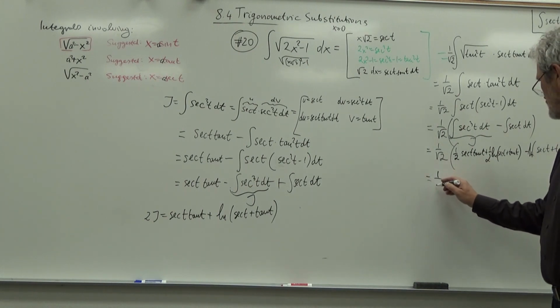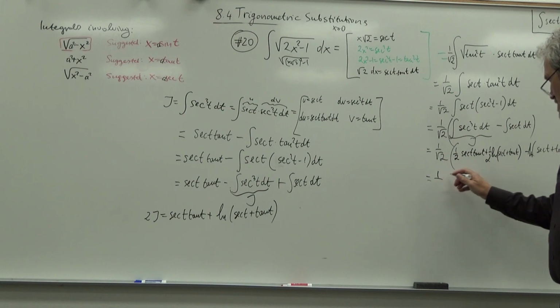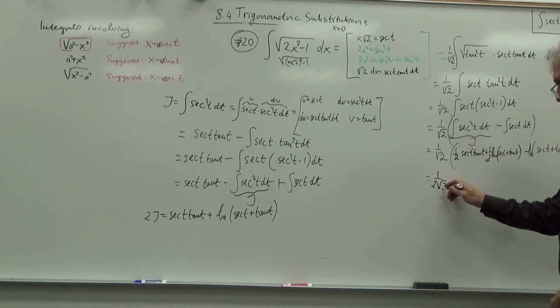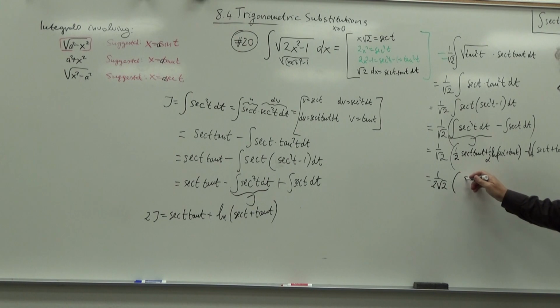So we get 1 over... When we combine 1/2 minus the whole thing is minus 1/2. We pull out 1/2. So we get 1 over 2 root 2, secant t tan t minus ln secant t plus tan t and plus C.